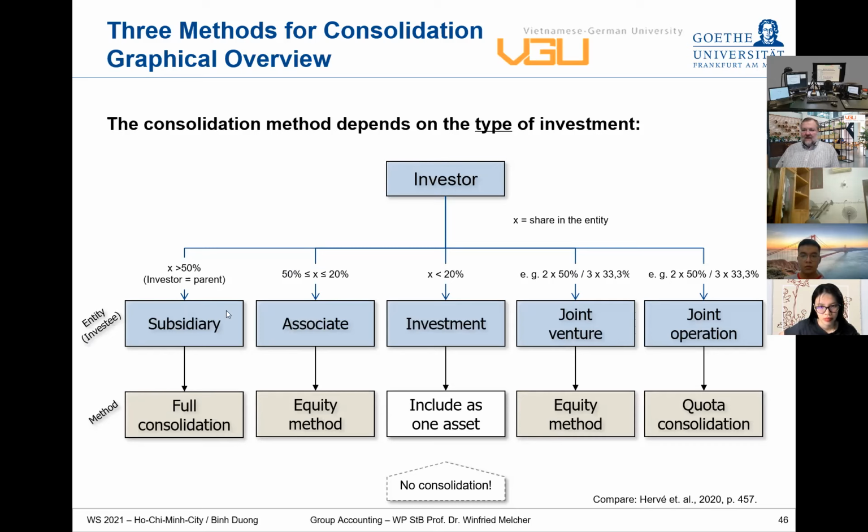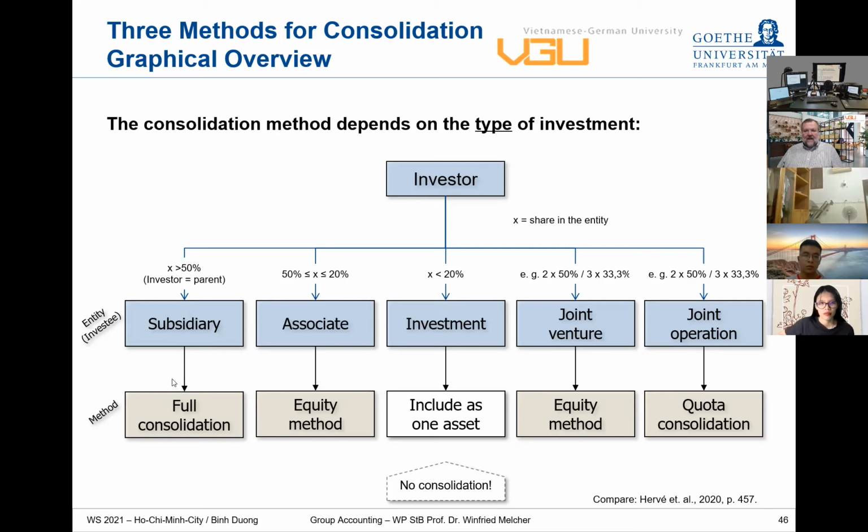So let's look at a subsidiary. We know that a subsidiary is controlled by the parent. So the investor is the parent of this subsidiary. And well, in that case, we will use the full consolidation method.